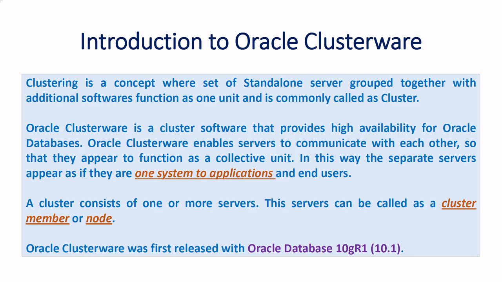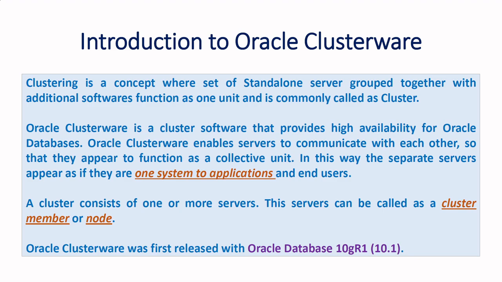Before we start understanding RAC, I would like to explain the clustering concept. Basically, clustering is a concept where standalone servers are grouped together with additional software to function as one unit. It is nothing but multiple servers on which you install some kind of software and then create a cluster. Clustering is not specific to Oracle.